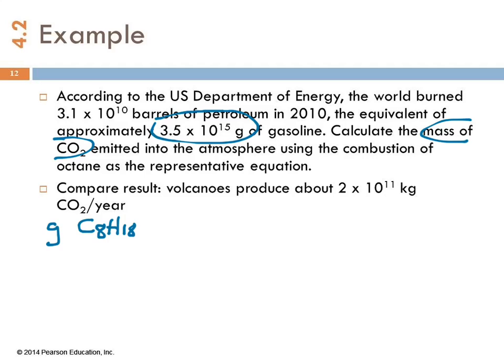That's where we're starting from, and we want to end up with grams of CO2. So what do we chant? Grams to moles to moles to grams. So our path is grams of octane to moles of octane to moles of CO2 to grams of CO2.